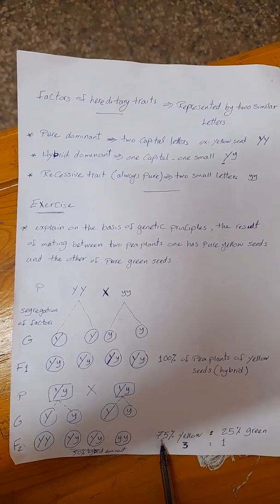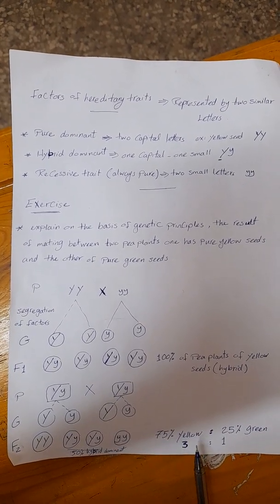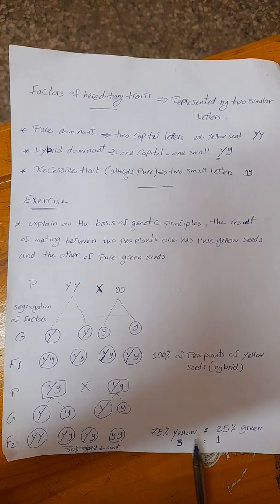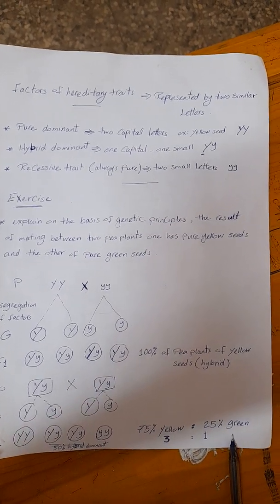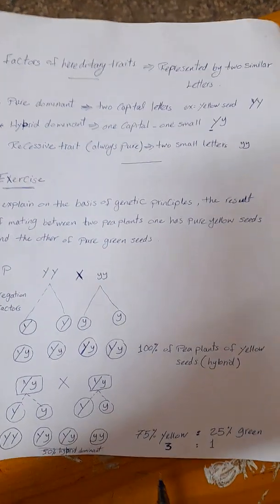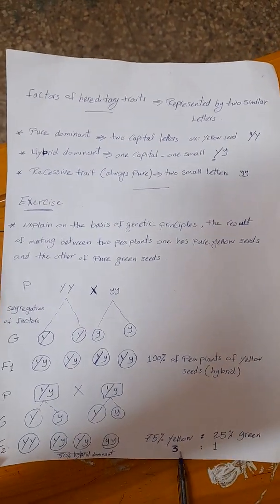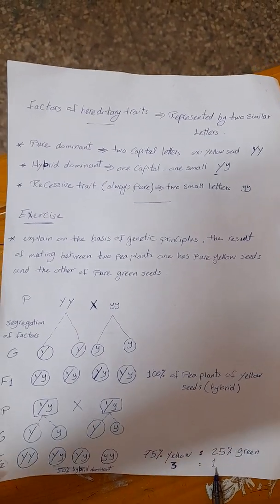The ratio is 75% yellow color, or dominant trait, to 25% green color, or recessive trait, or represented by 3 to 1: 3 dominant trait to 1 recessive trait.